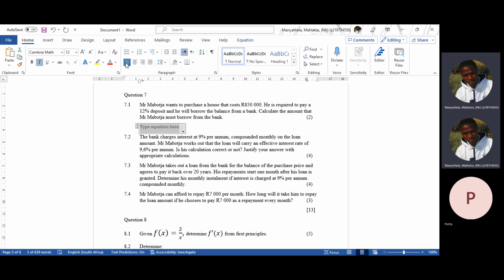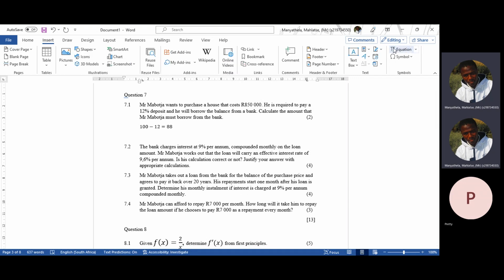We have a 12% deposit, right? So we say 100 subtract that 12%. How much is it? It's 88. This is the percentage that we are going to work with.